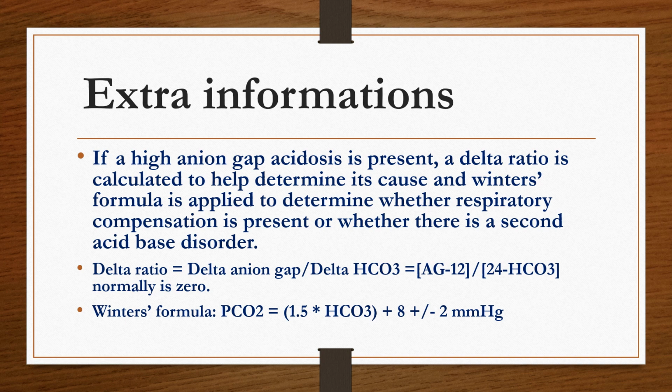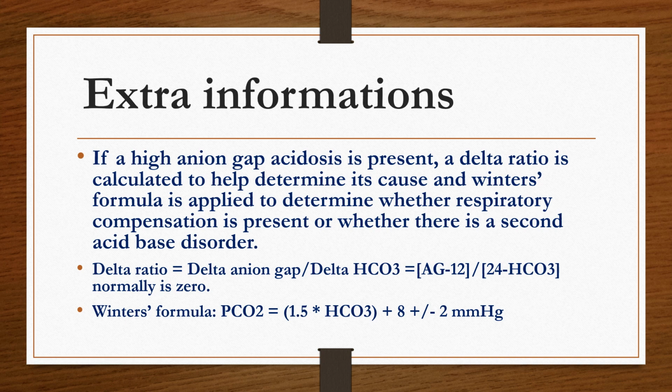Okay, let's move to Winter's formula. With Winter's formula, we are measuring the expected partial pressure of CO2, PCO2. What is the normal PCO2, guys? Normal PCO2 is between 35 and 45 millimeters mercury.